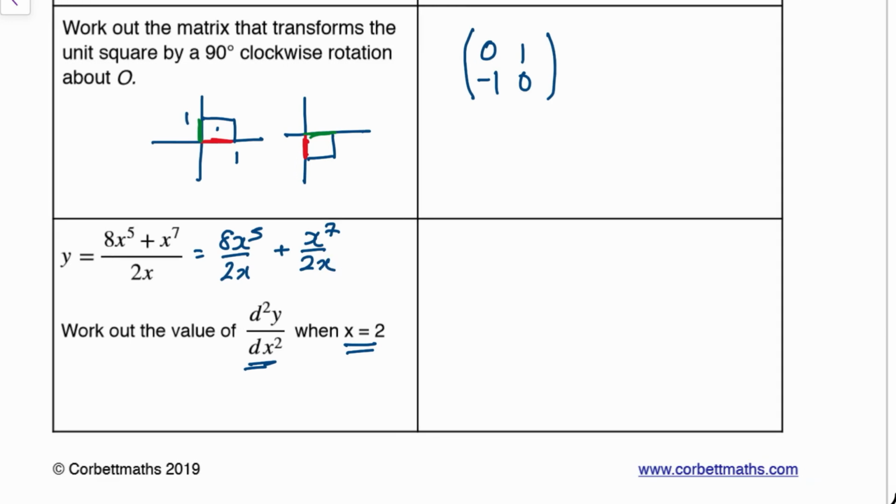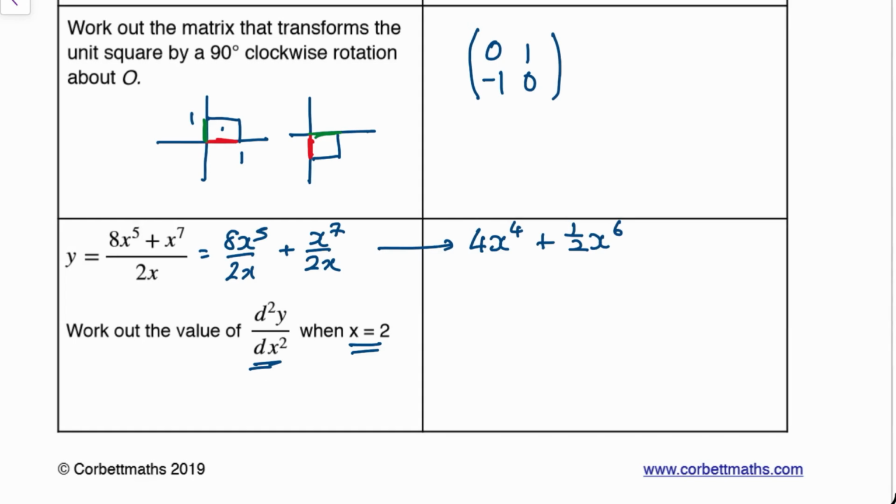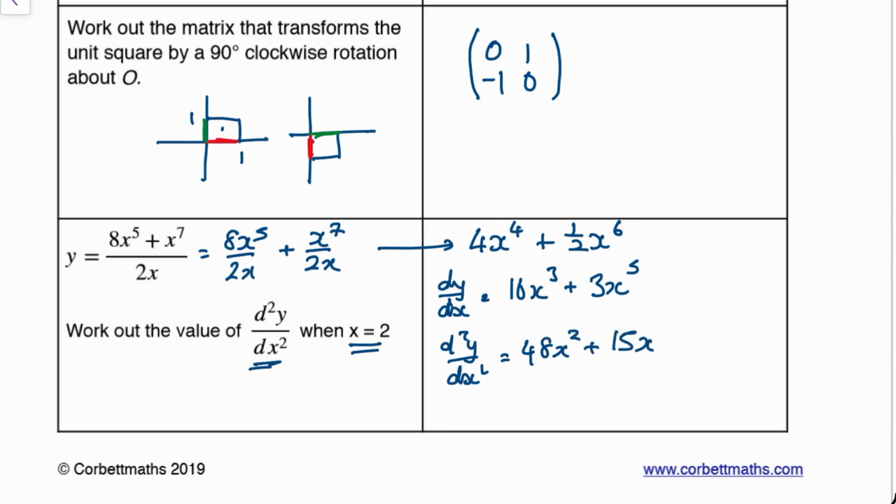It's one thing that people forget to do, which means I can write this, let's write it over here so I've got space, as 4x^4 plus, not 2, but a half x^6, which means dy/dx is equal to 16x^3 plus, well, 6 times a half is 3, so it's 3x^5, and d²y/dx² is equal to 48x^2 plus 15x^4.